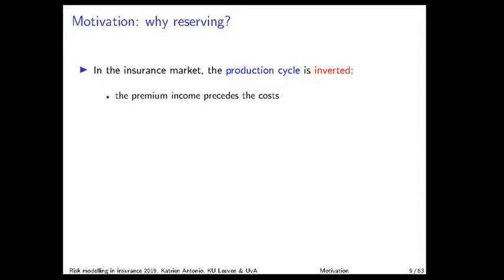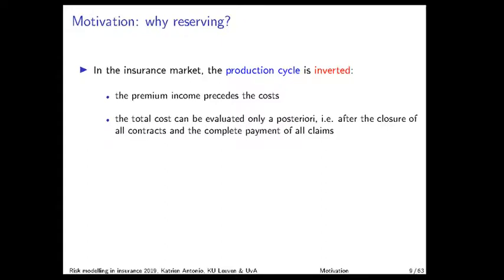In typical manufacturing industry, this is not the case, and the manufacturer knows before selling a product what the cost of realizing this product was. However, in an insurance setting, the total cost can only be evaluated a posteriori, that is, after the closure of the contract and the complete payment of all claims that are related to it.